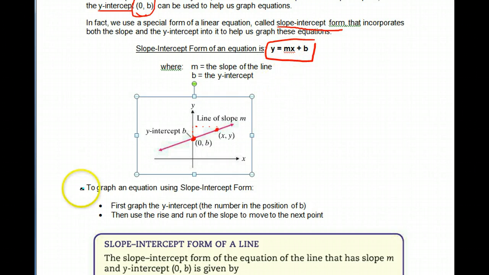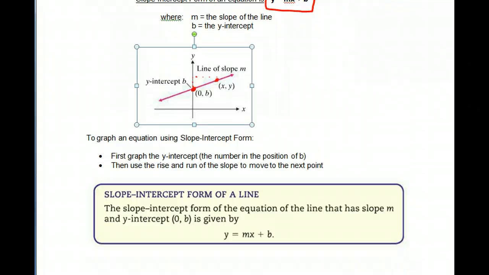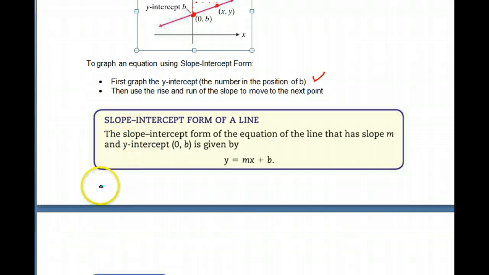Okay, there are some other ways to do it as well, but the first thing that you would always do to graph an equation using slope-intercept form is graph the number that's in the position of b. And then we're going to use the rise and run to move to the next point, plot it, and draw our line. So 2 ways that we can do that there.